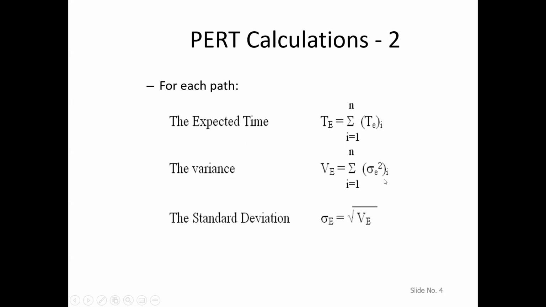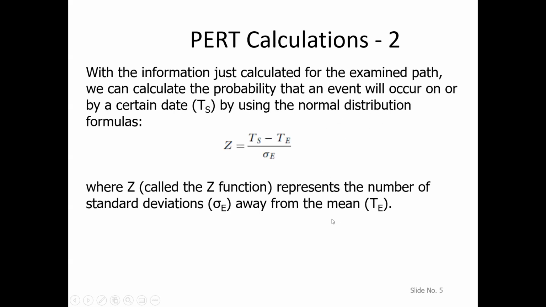Similarly, we will sum up all the variances, and from the total variance we will take the square root, which gives the standard deviation of the path. In this way, we will go with the process.